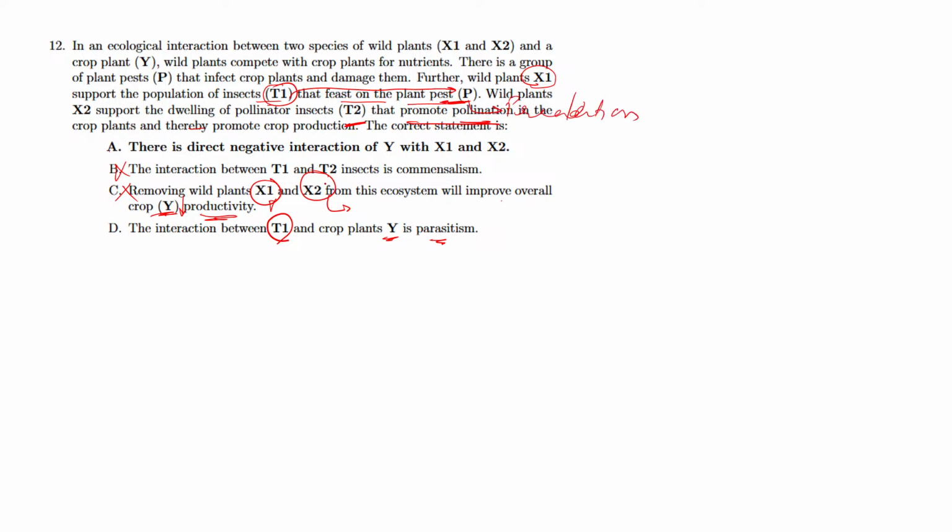So I cannot directly comment on the interaction between T1 and the crop plant Y. There is no relation between the T1 insect and the crop plant Y. So this is wrong. Rather, this T1 is helping the crop plant in increasing the productivity because it is feasting on the plant pests that are actually damaging the crop plant.